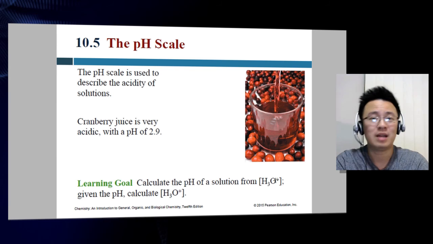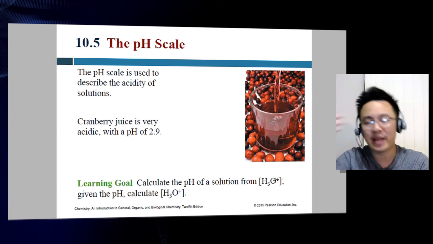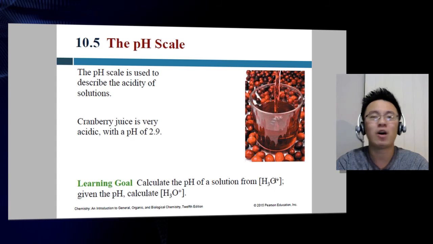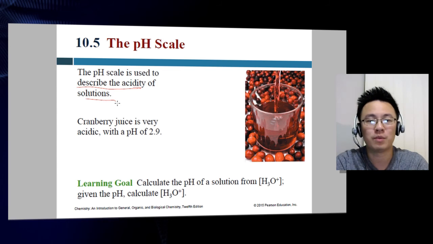But until then, it is virtually impossible to go in there and one by one pull out hydrogen ions and then count them. So we've got to have an alternative scale in which we can measure the hydrogen ion concentration in solution. Of course, that is the pH scale, and it is used to describe the acidity of a solution.